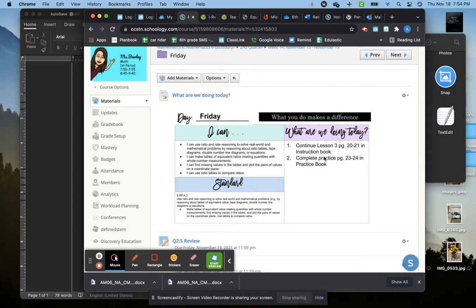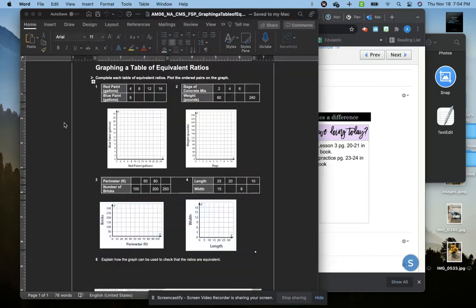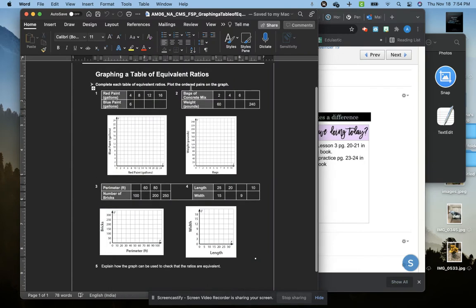There's one other thing I want you to do after this because I really don't think this will take you the whole time. I want you to do a worksheet that the substitute has for you. It's just graphing equivalent ratios. So it's just practice of what you've been doing. First, you're going to complete the table. There's 2 different ways to get from one to the other.